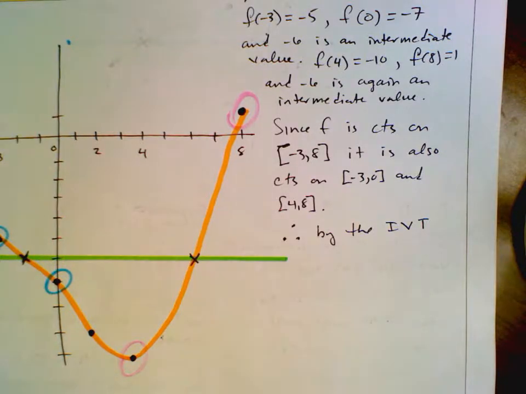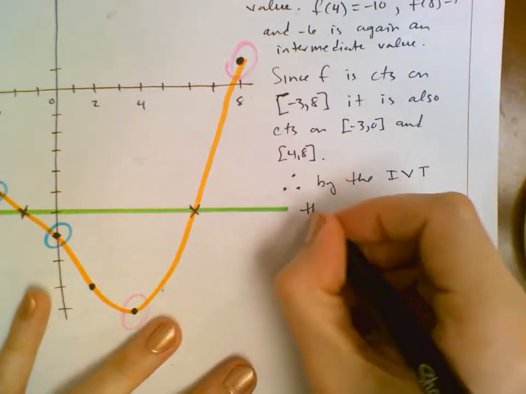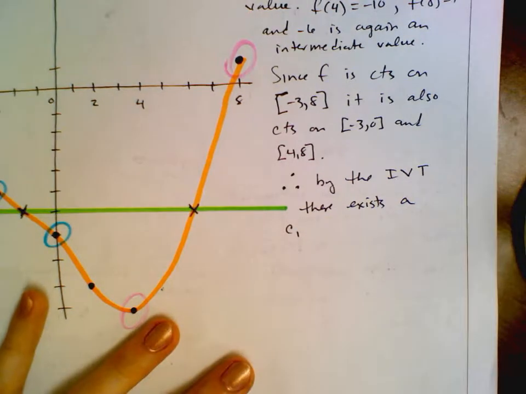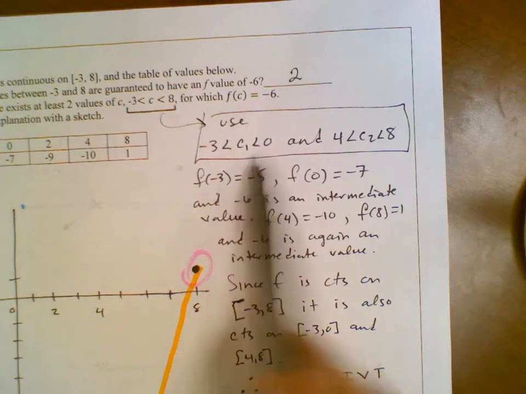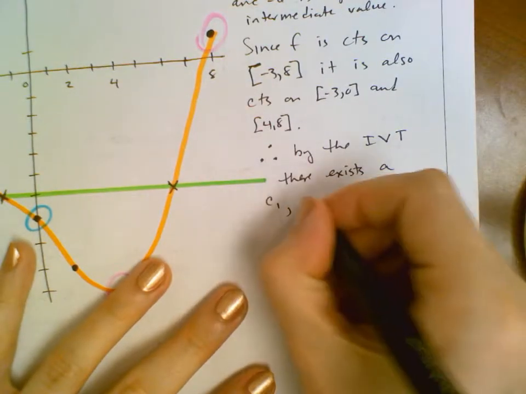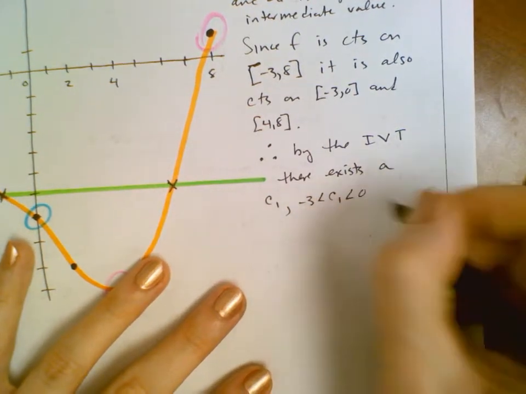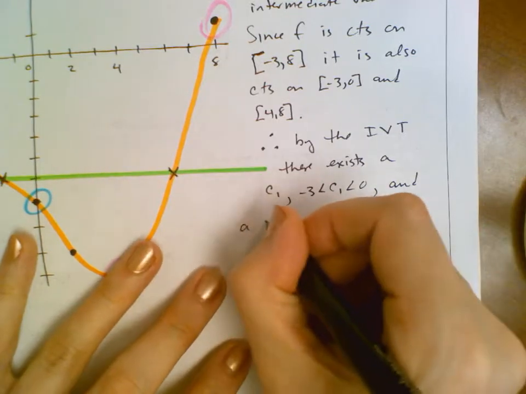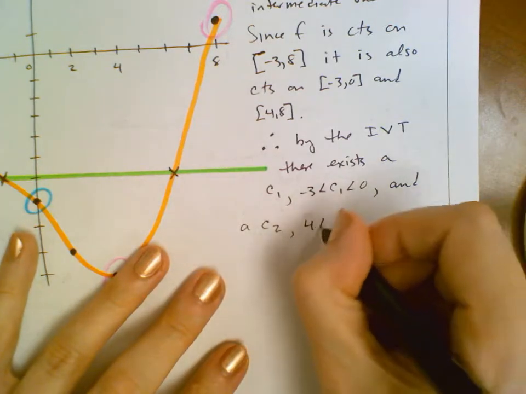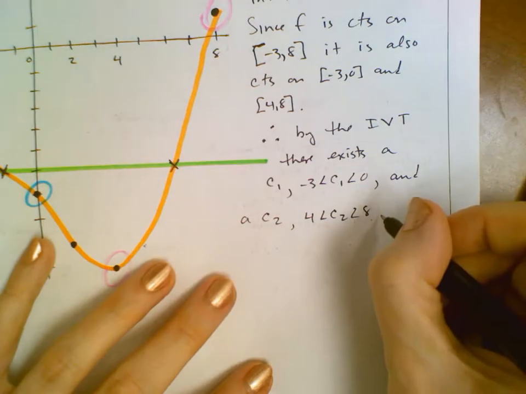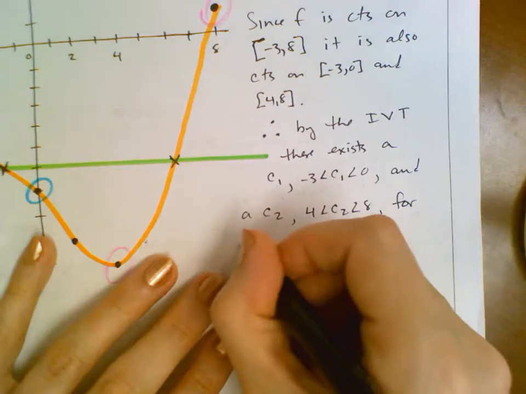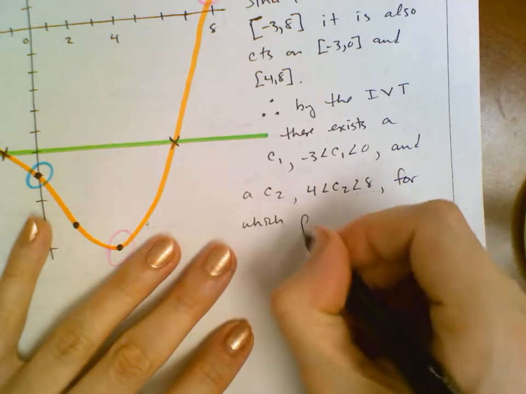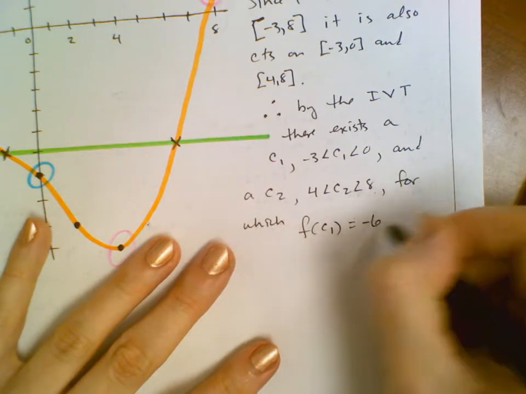So therefore by the IVT, there exists a C1, negative 3 less than C1 less than 0, and a C2, 4 less than C2 less than 8, for which f of C1 equals negative 6.